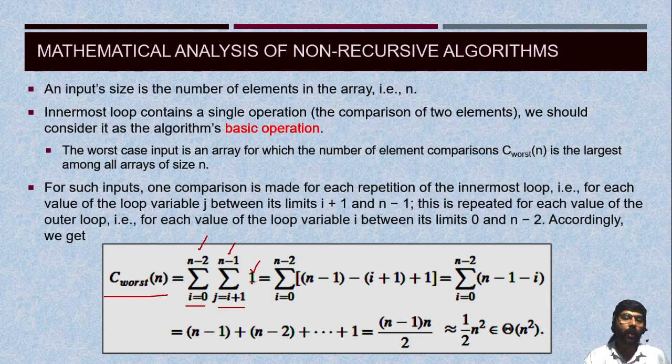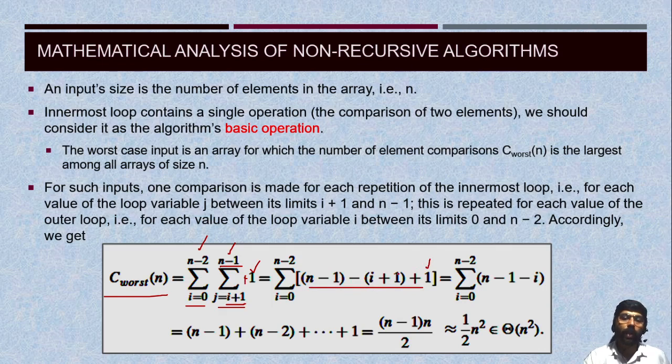Now when you solve the inner for loop, it gives n minus 1 minus i plus 1, and plus 1 here. This is the simplified formula I got from the inner summation.